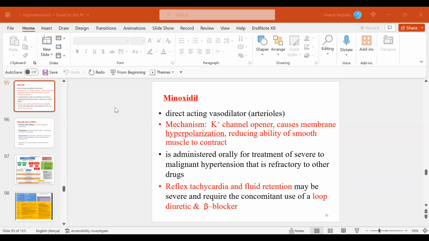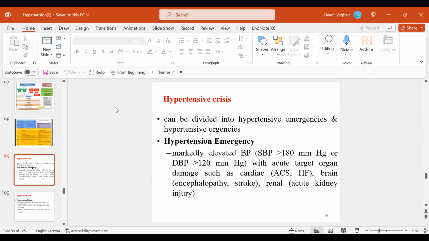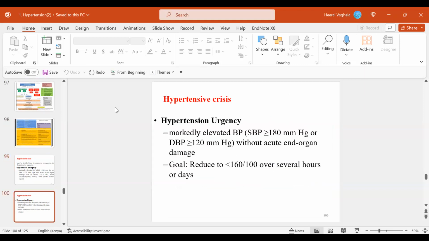So hypertensive crisis is divided into hypertensive emergency, with BP of 180 over 120 and end organ damage, while hypertensive urgency is the same but without end organ damage.